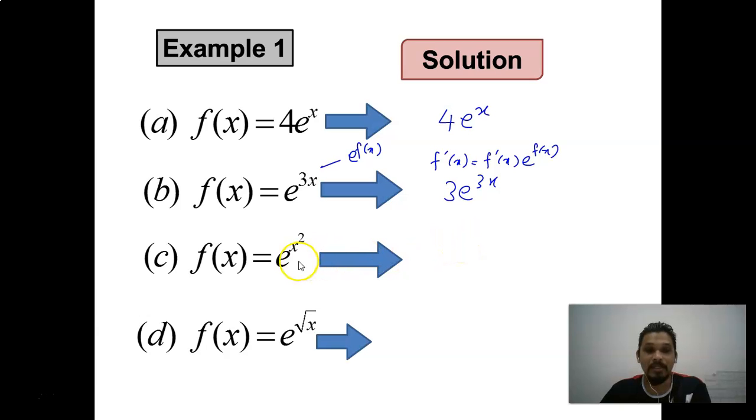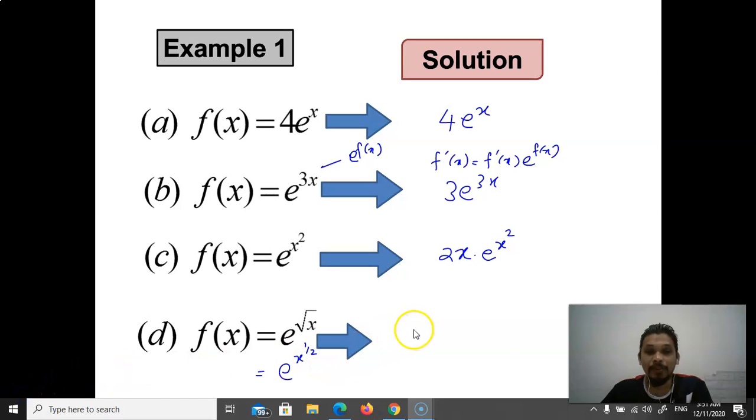Okay, then next, this one here, differentiate x squared equals 2x, and then e to the power of x squared. And then this one here is e to the power of x to the power of half. So in this case, we are going to differentiate this first.